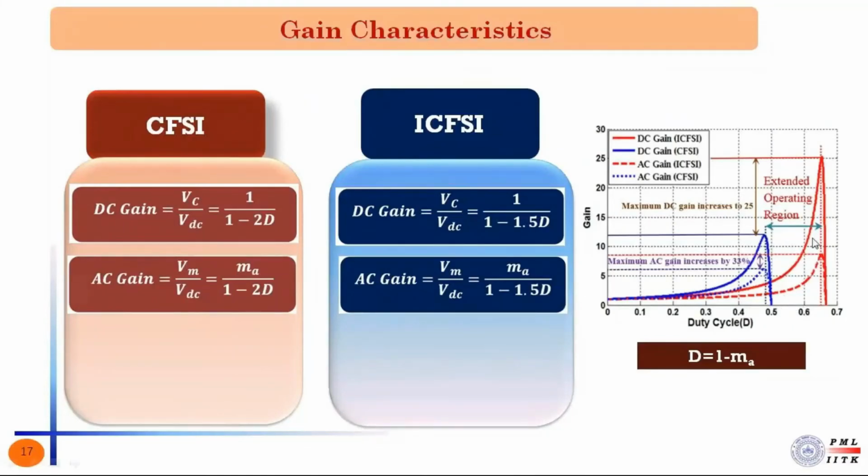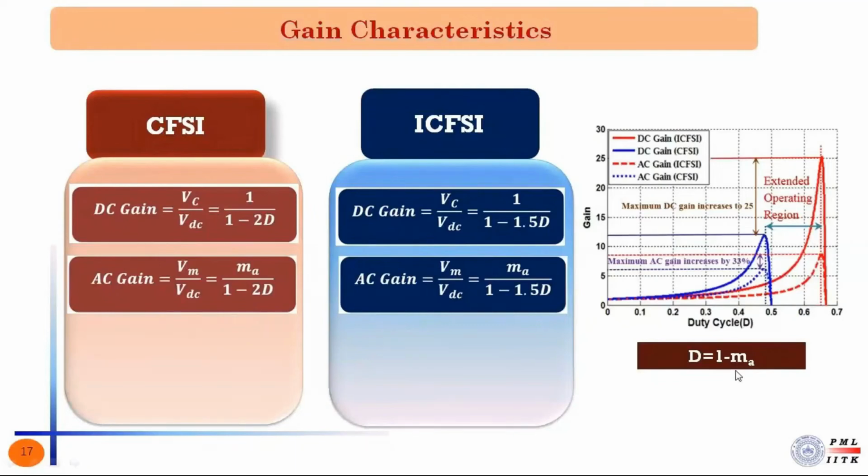That means the maximum achievable DC gain and AC gain is higher in case of ICFSI as compared to CFSI, and an increase of almost equals to 33% in AC gain is achieved in case of ICFSI. These curves are actually plotted at the boundary of the constant, that is D equals to 1 minus MA.